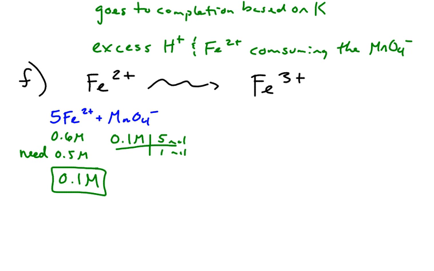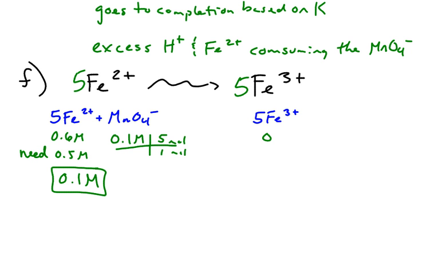Okay, what's being produced? Well, I'm starting at 0. If you look at the ratio, there's a 5 in front of here and a 5 in front of here. Just write it like that. So how much do you think is made? 0.5.